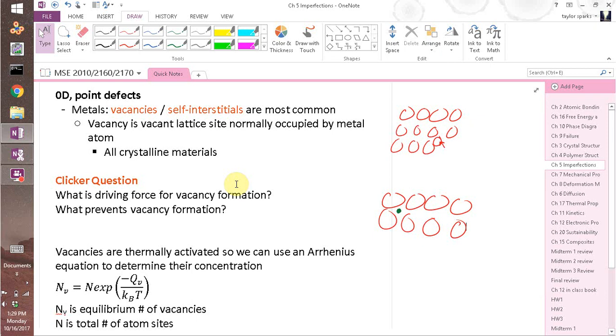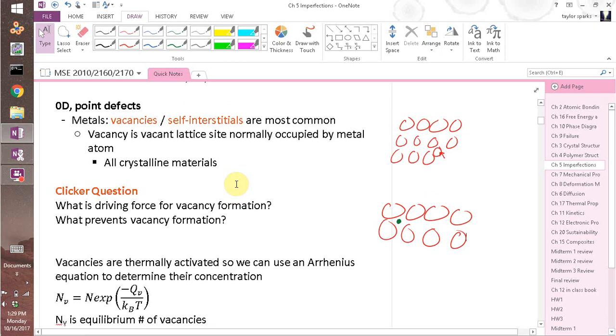So let me ask you this. What is driving this? Why can we not get away from vacancies? Why will they always be there? So turn to a neighbor and discuss: think thermodynamics, what is the reason for why this thing wants to be there?